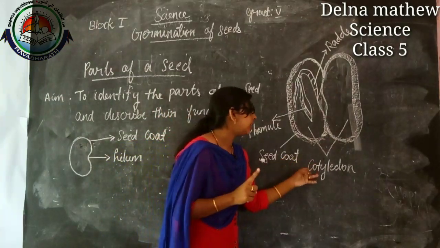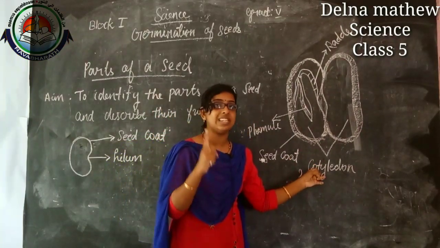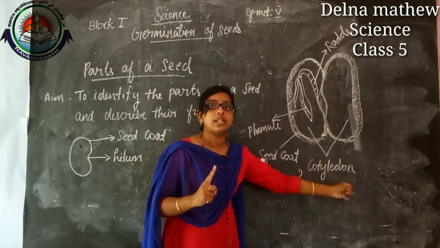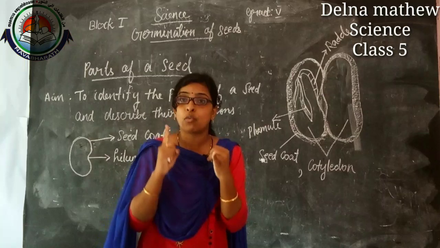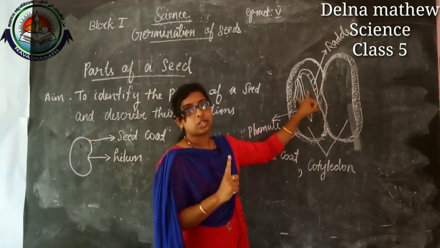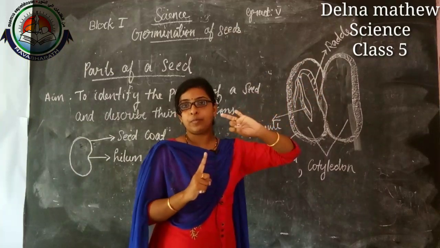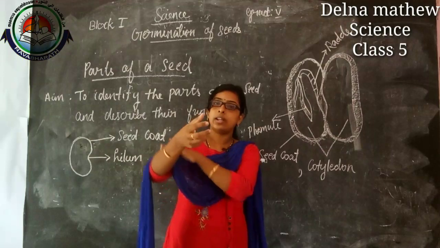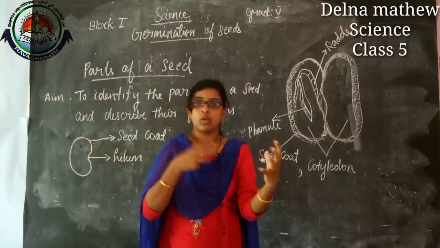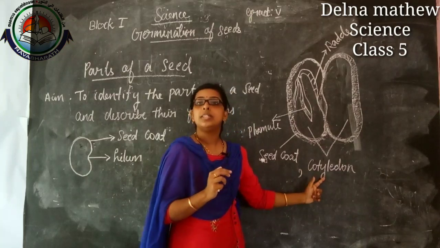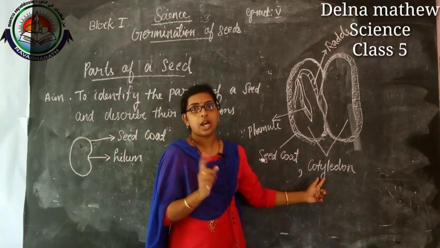What is its speciality? The cotyledon is one of the inner parts of a seed, and its speciality is that it provides food and nourishment to the embryo. That baby plant requires food and water, all those things. All these things are provided by who? These cotyledons. Are you clear?